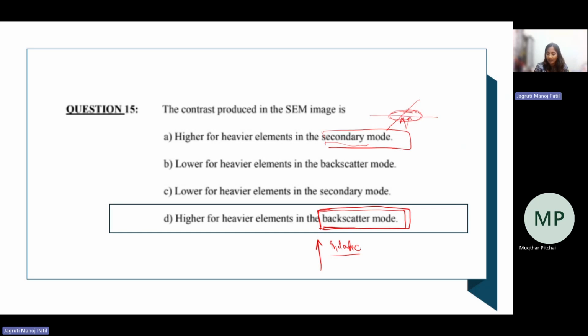In backscatter electrons, you know which energy you initially shined onto your sample and which energy is now returning back. The lesser energy and the difference between these energies will make a contrast difference.